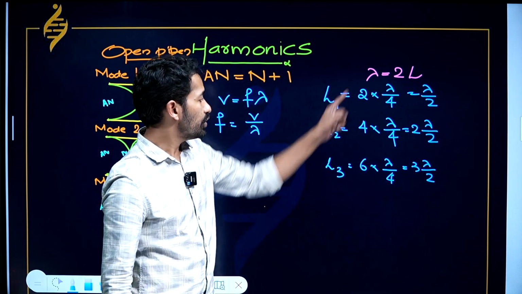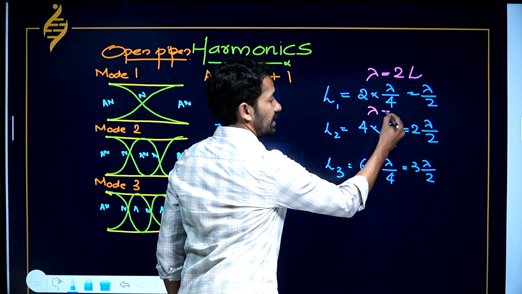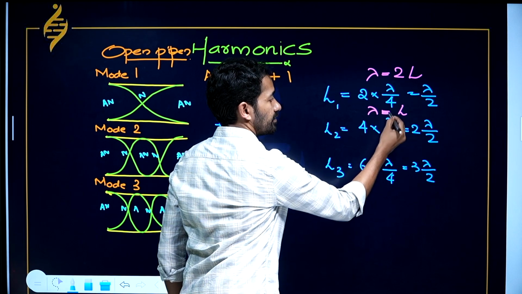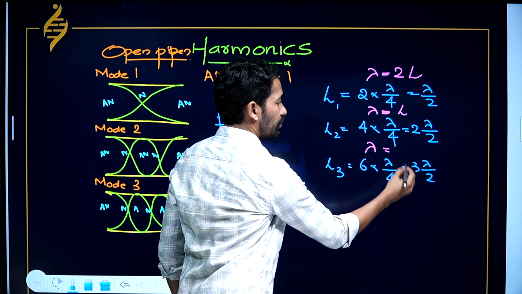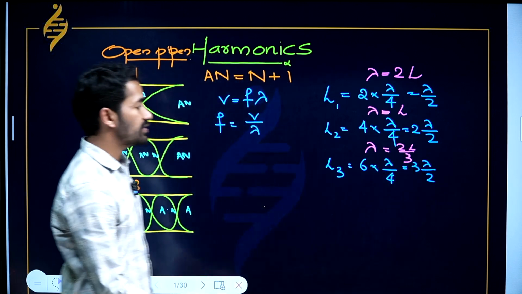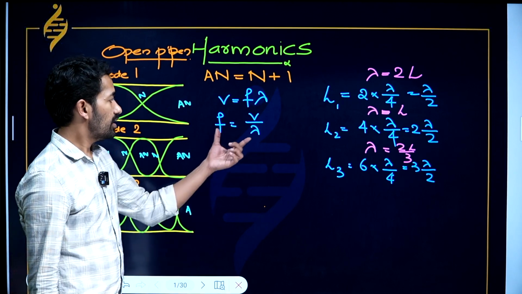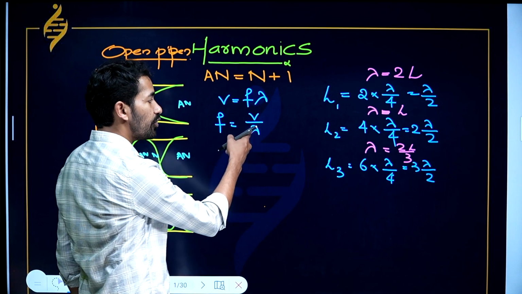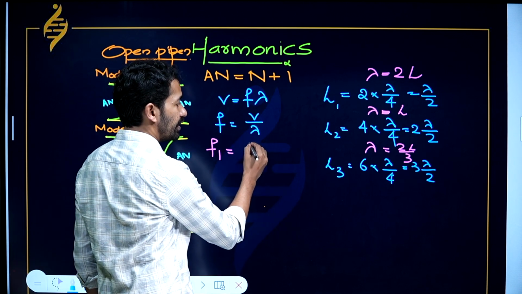In this case, lambda is equal to L. Now what about this case? Lambda is equal to 2L by 3.